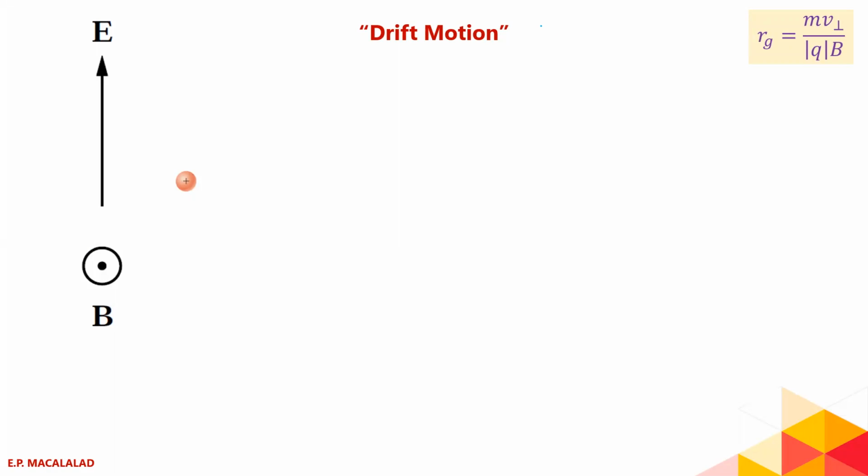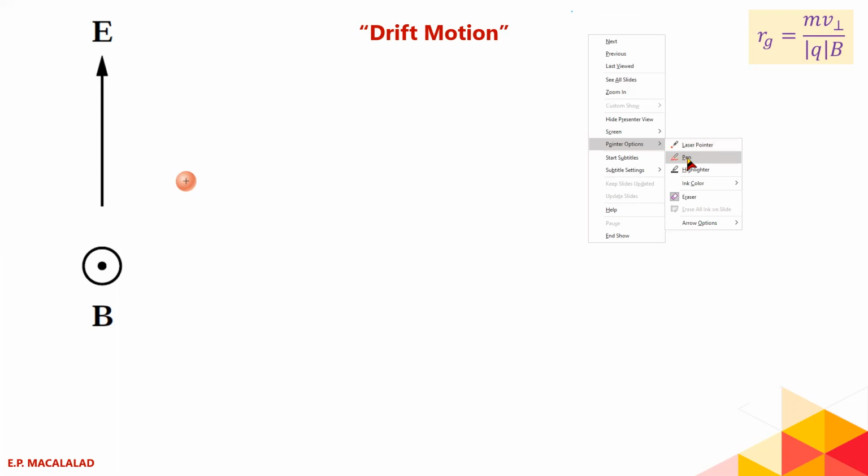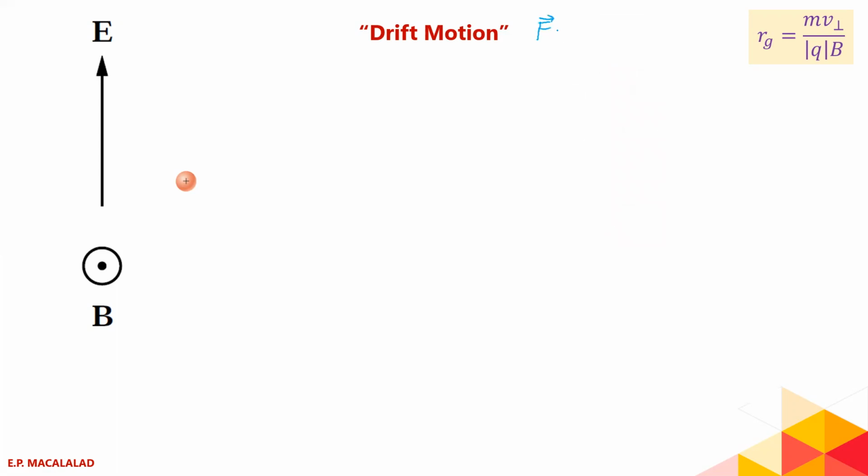So the force is equal to Q times the electric field, which represents your electric force, or the force exerted on the charge due to your electric field, plus V cross B. V is the direction of the velocity, and B is the direction of the magnetic field.